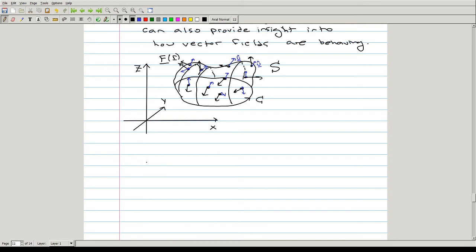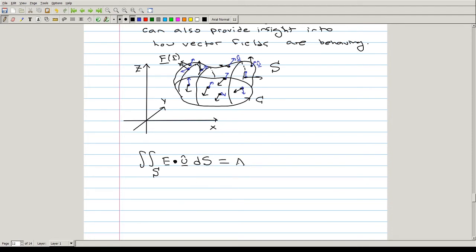Well, we can definitely go through and compute the surface integral over S of the scalar function F dot u hat dS on the surface.